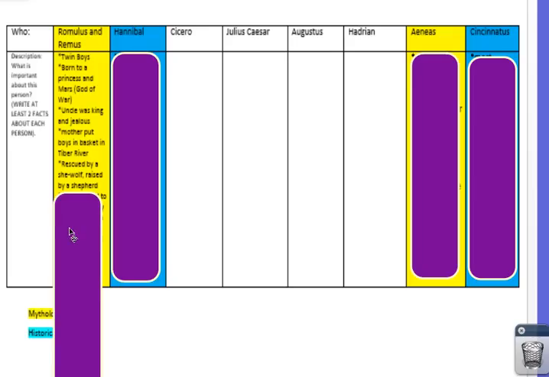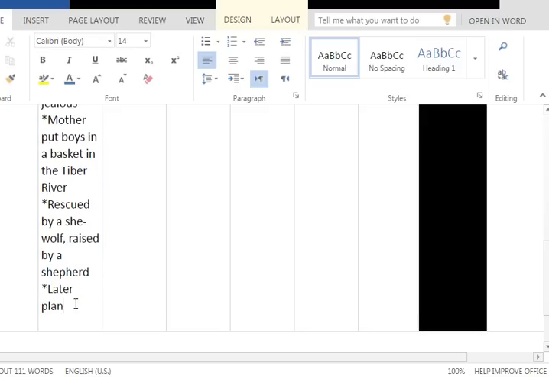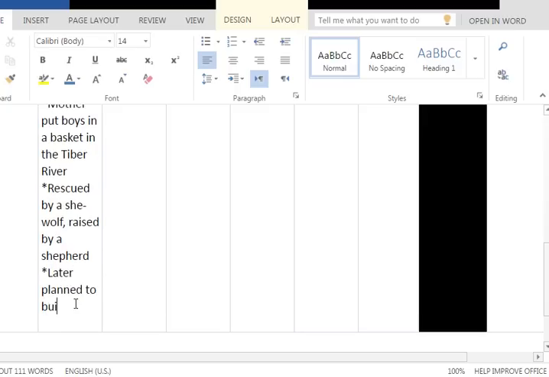Okay, so the next fact that we're going to write down was, later they planned to build a large city. And we know that large city was on the spot where the wolf had rescued them. So, later planned to build a large city.